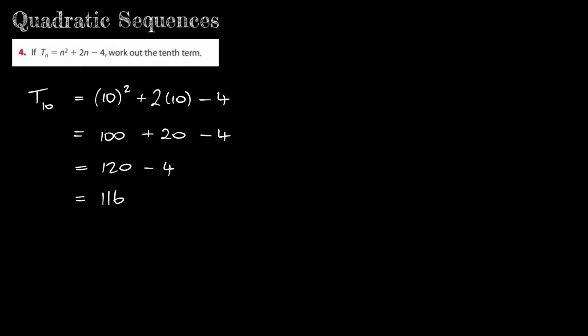So you can see there, they want to know what the 10th term is going to be equal to. And I've worked out that if I put 10 in for the number of the term, I get a 10th term of 116. Okay, so the 10th term there will be 116.